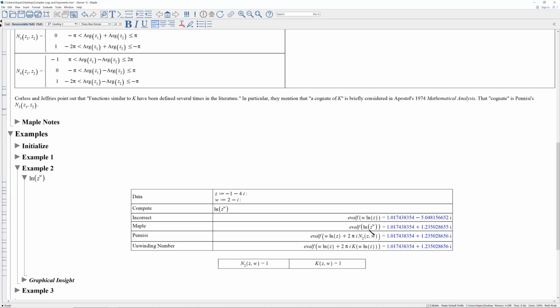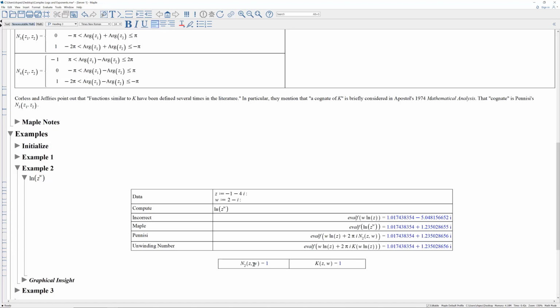If I take log of z to the w using Maple and float that, this part's the same, but this part's not. So an adjustment has been made. Well, this is the Panisi adjustment, and this is the unwinding number adjustment. Both of those give the correct value.